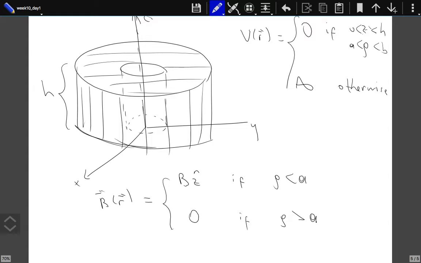So what I'm imagining is, okay, I have this disk. Inside the cylinder there is a hole. In this hole there is a uniform magnetic field, just to have a simple example. So since my particle is confined within my box, it cannot go to the region where there is a non-zero magnetic field.